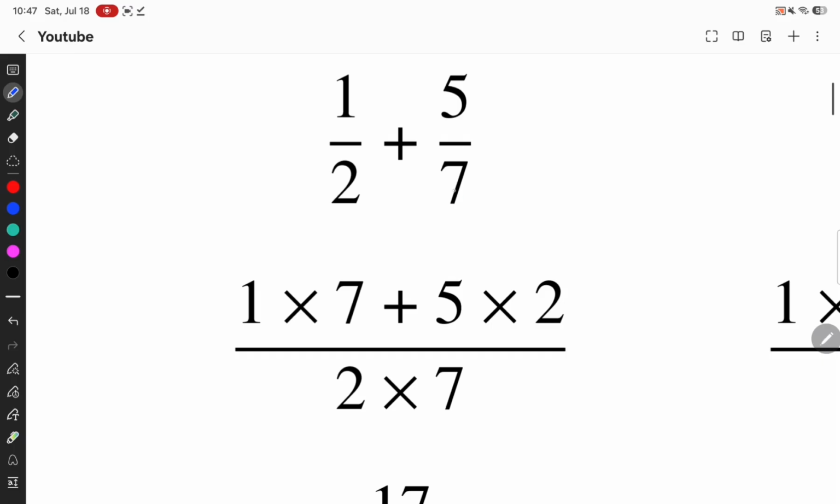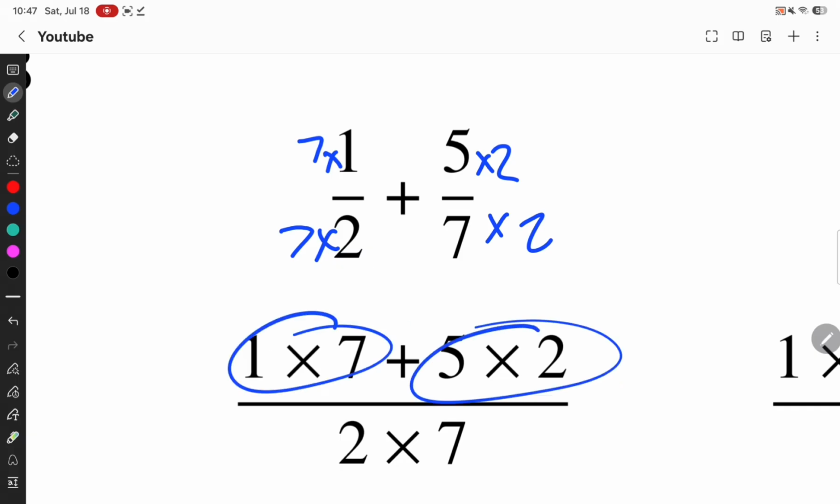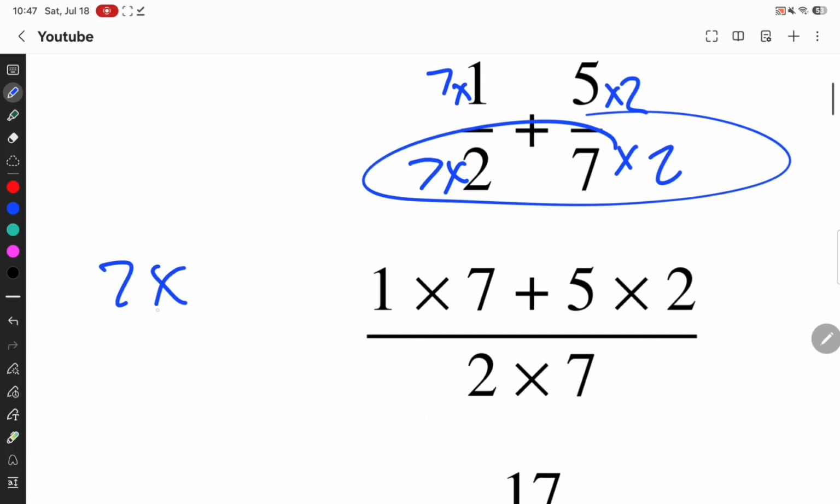We multiply 7 on both sides and this on both sides, the denominator of the other fraction, we multiply it to the whole fraction. Next, the numerator, we get this. But in the denominator, you can see we are just doing 7 times 2 or 2 times 7.